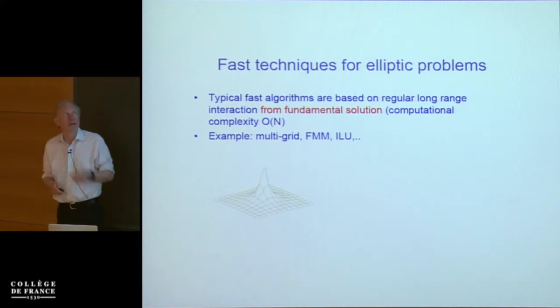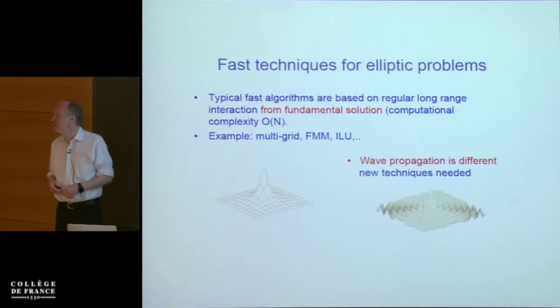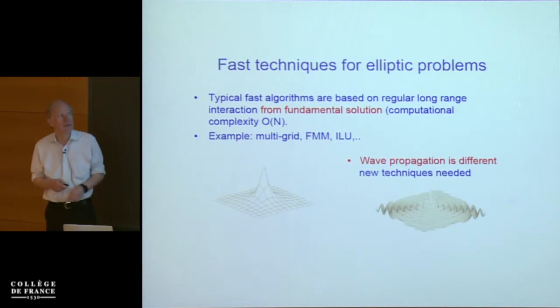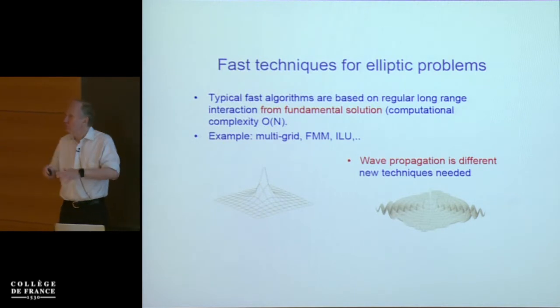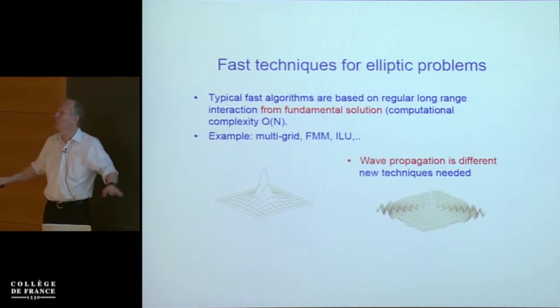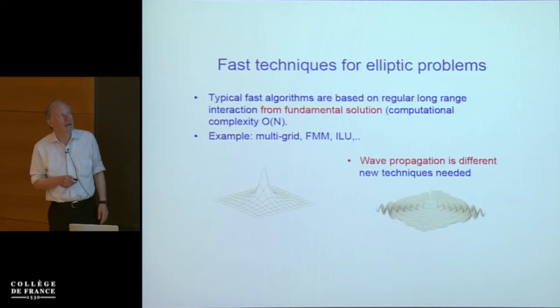It's regular there. The Helmholtz equation doesn't have that, and that's the challenge here. It's hard to approximate the far field in a good, compressed way. Here, of course, the Poisson series tells you what goes on at infinity very accurately with a few terms. So that's the challenge.